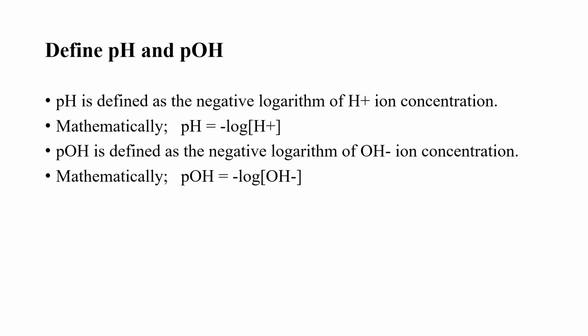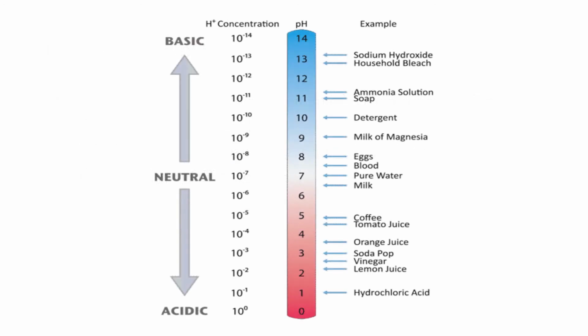It's very easy to deal with chemical equations using pH and pOH regarding the molar concentrations of hydrogen and hydroxide ions. Here a pH scale is shown to you, students, in which different substances from our daily life are mentioned, having different pH values. You can guess from this what I was saying in the previous slide, that hydrogen ion concentrations are taken in powers of 10, and they are very difficult to calculate with.